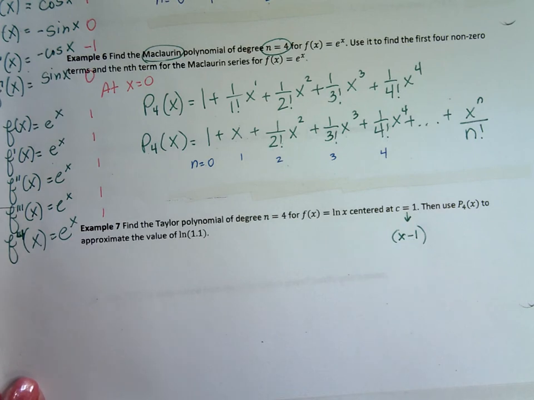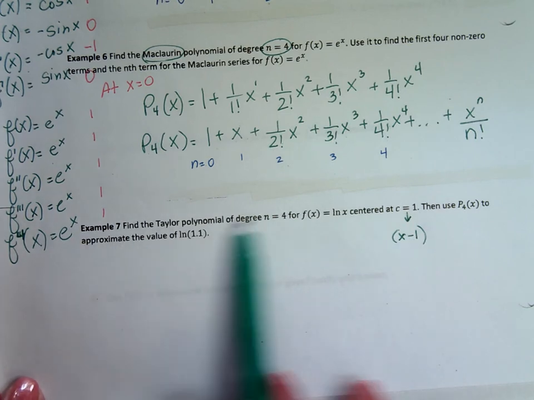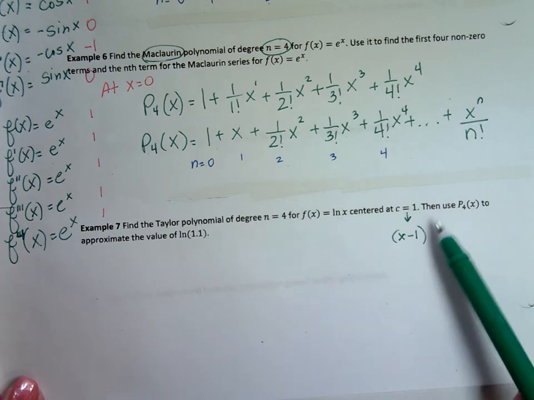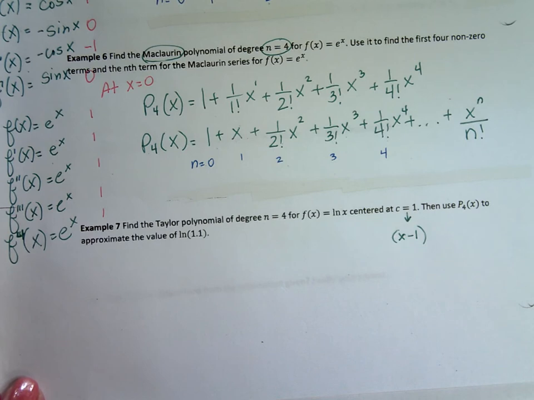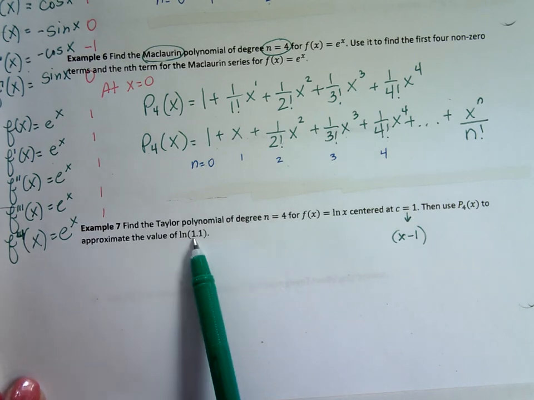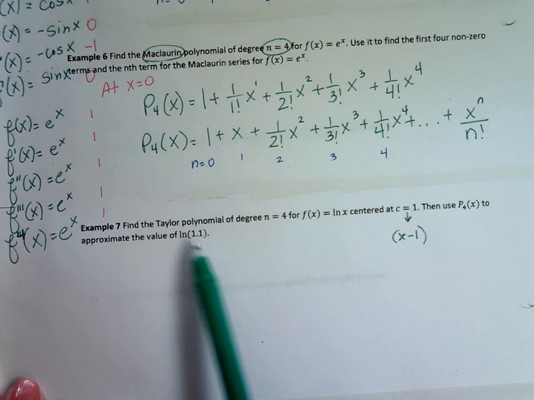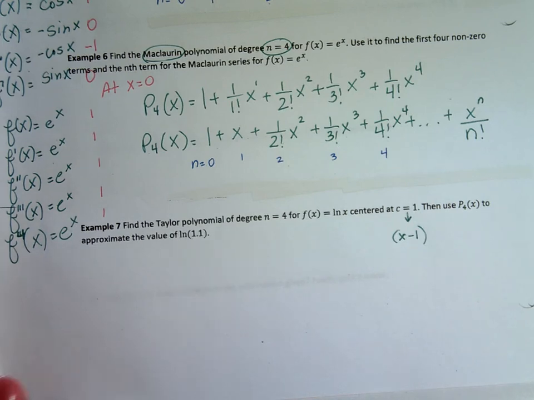So we're going to find the Taylor polynomial for ln of x and then use it to approximate ln of 1.1. And again, they can't ask you to evaluate it at the ln of 3.5 because you're centered at 1. That would be way too far away. So they've got to only give you values that are close to wherever the center is.